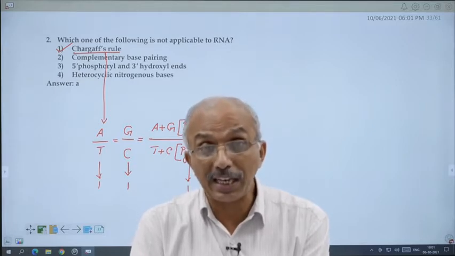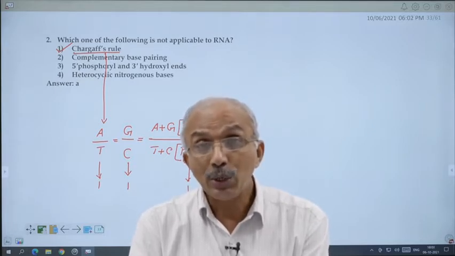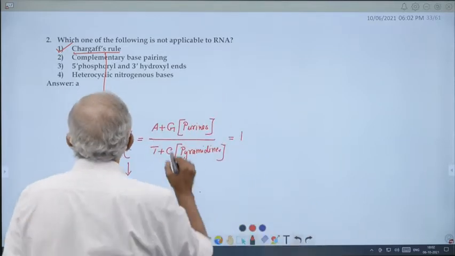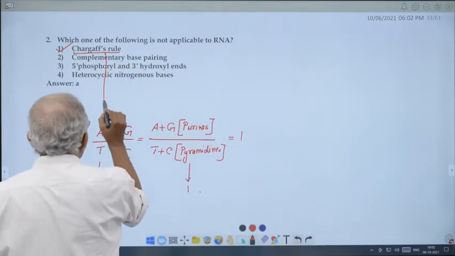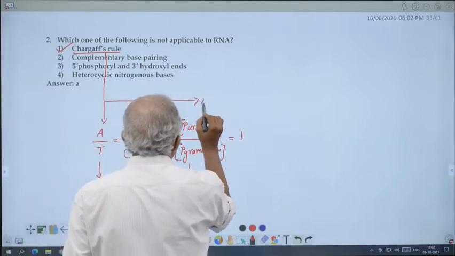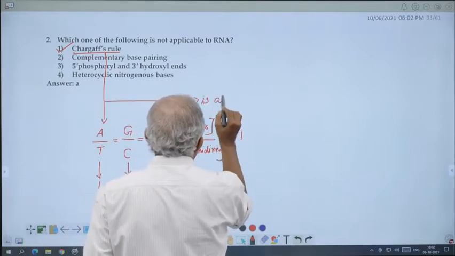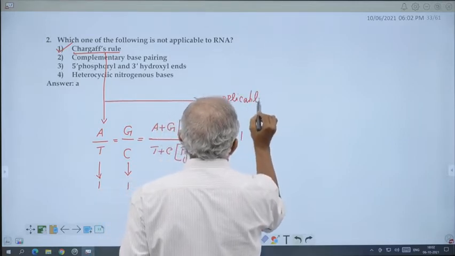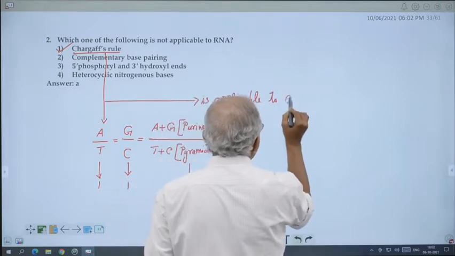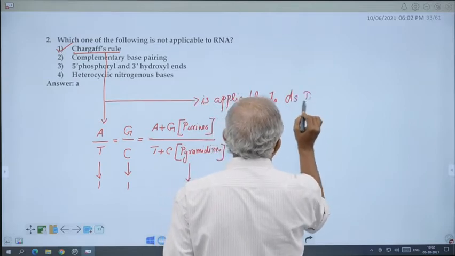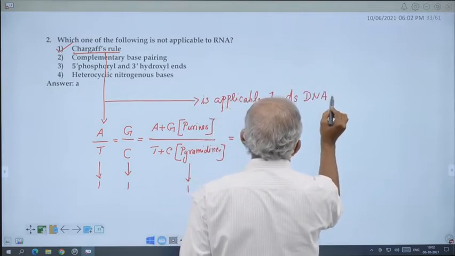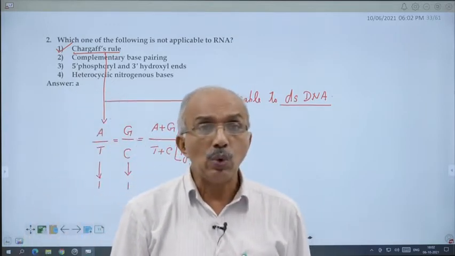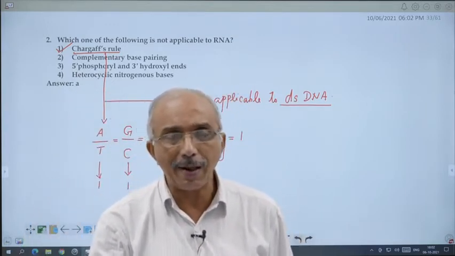Chargaff rule is applicable to double-stranded DNA.